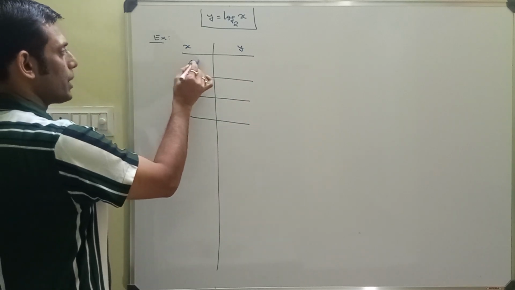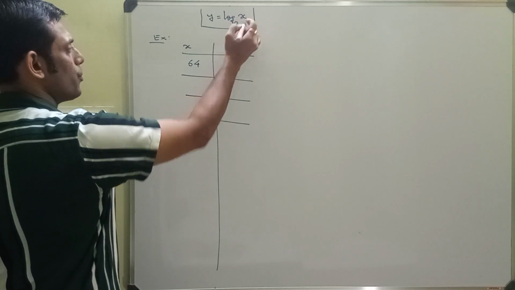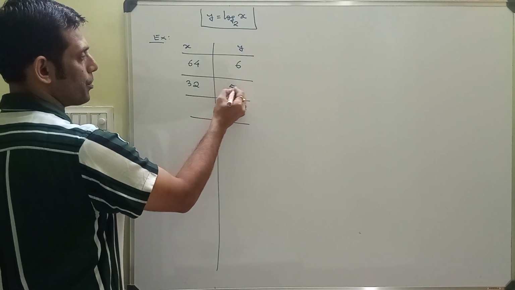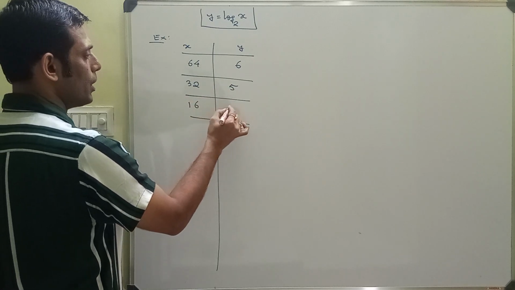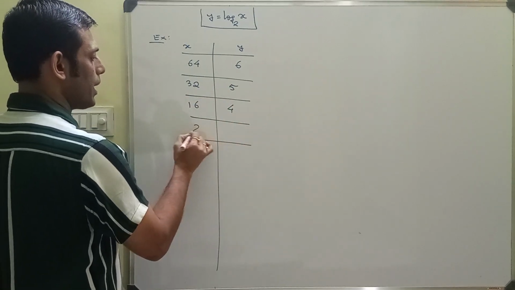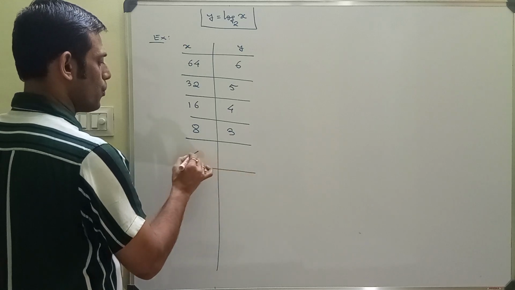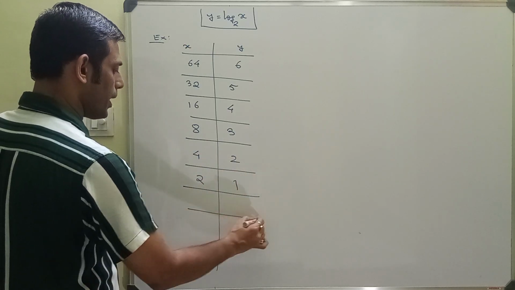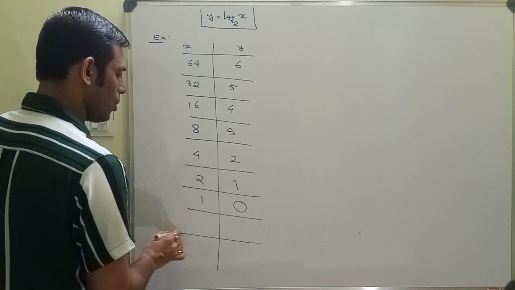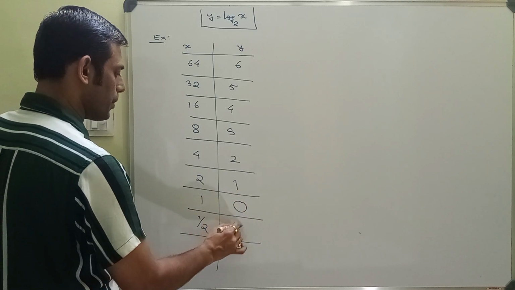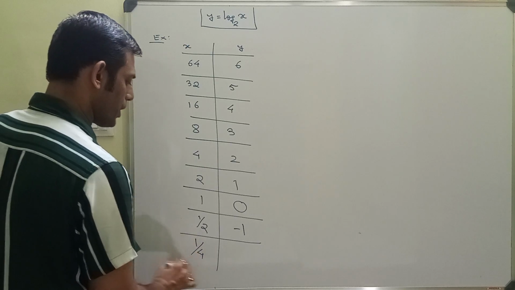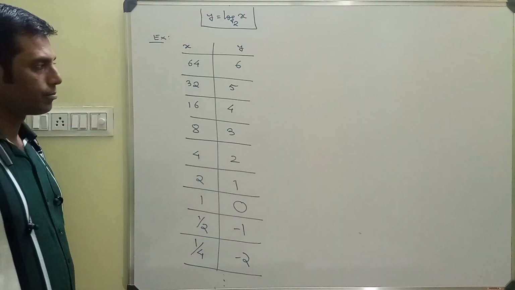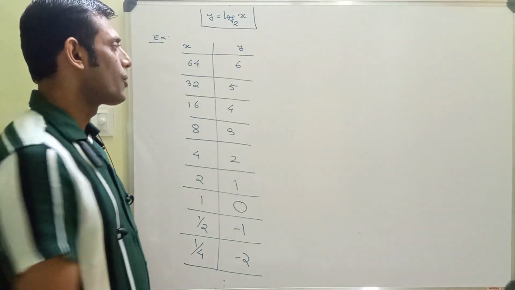Let's say we begin with x equal to 64, that means log 64 base 2 is going to be 6, log 32 base 2 is going to be 5, log 16 base 2 is 4, log 8 base 2 is 3, log 4 base 2 is 2, log 2 base 2 is 1, and log 1 base 2 is 0. Log half base 2 is minus 1, log 1/4 base 2 is minus 2, and so on. It goes on. Let's plot this.